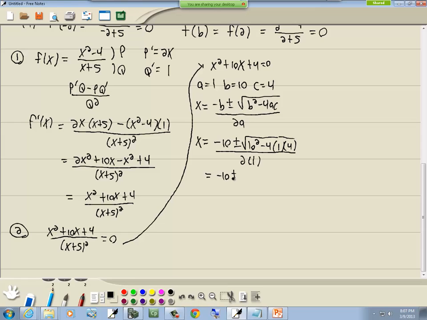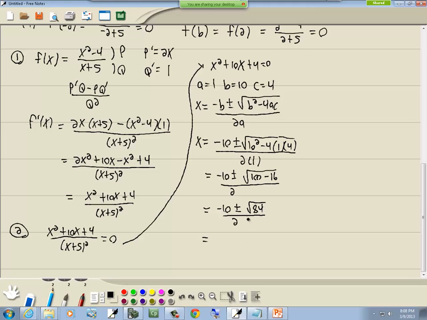So we got negative 10 plus or minus 10 squared is 100 minus 4 times 1 is 4 times 4 is 16, all over 2, which gives us negative 10 plus or minus 100 minus 16 is square root of 84, I believe, over 2.